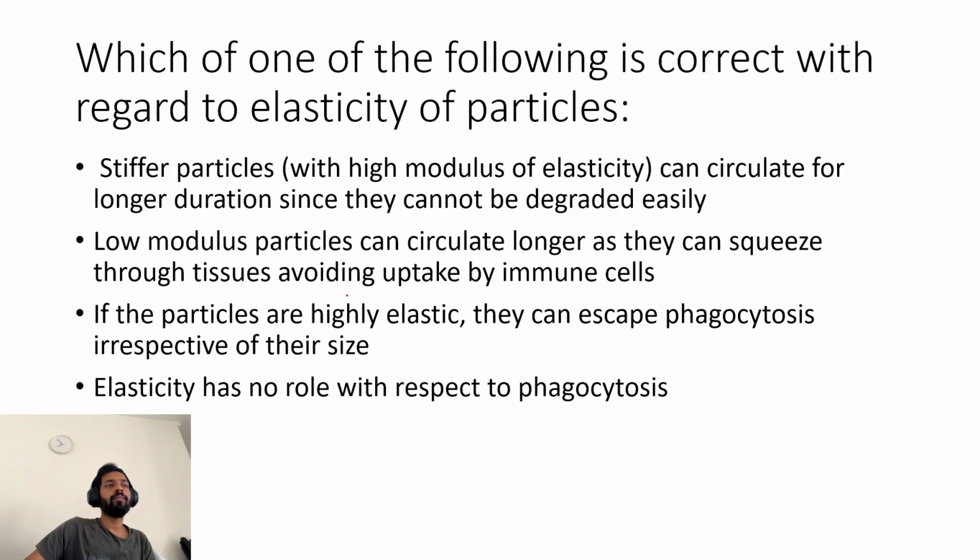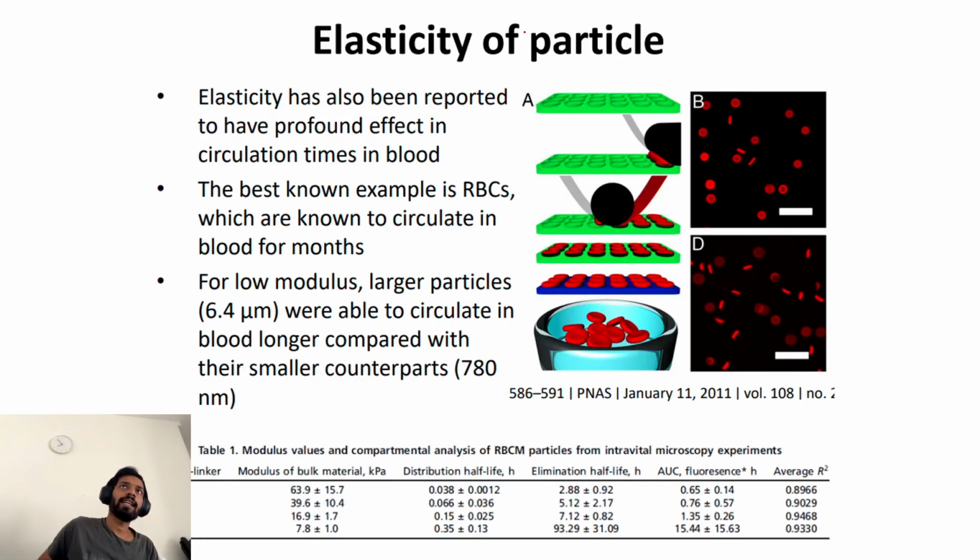Okay, so how does elasticity of a particle help in clearance, right? First of all, elasticity has been reported to have a profound effect in circulation times in blood. We all know RBCs. They circulate in blood for months, and that's owing to their low elastic modulus.